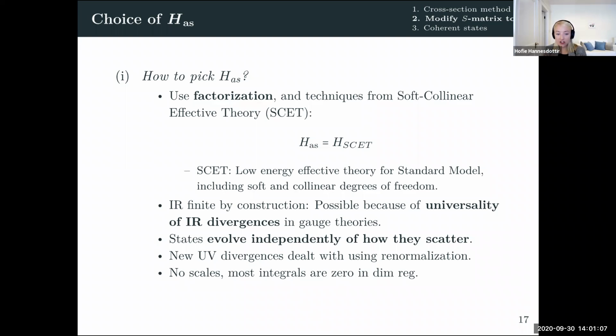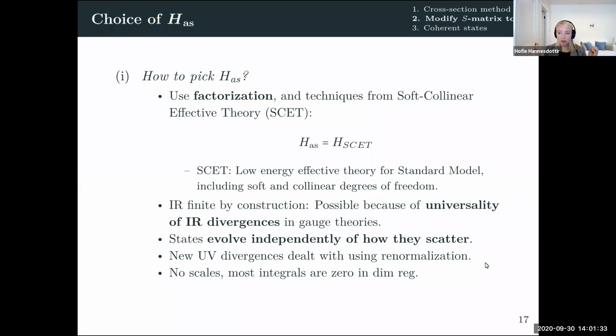And by factorization theorems in SCET, we know that this choice of H asymptotic will give us IR finite S matrix elements. And this is possible because of the universality of IR divergences in gauge theories and factorization theorems in SCET. And what this operator achieves is that the states will evolve independently of how they scatter.